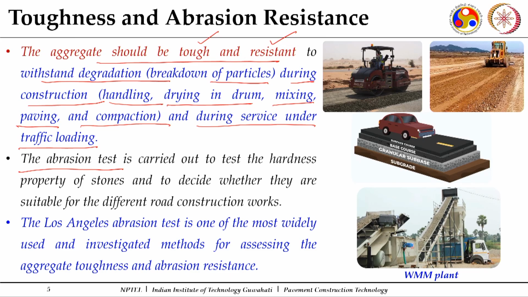The abrasion test simulates how the abrasion can occur in the field and gives us a measure of the abrasion resistance of an aggregate. The abrasion test is carried out to test the hardness property of stones and to decide whether they are suitable for different road construction.